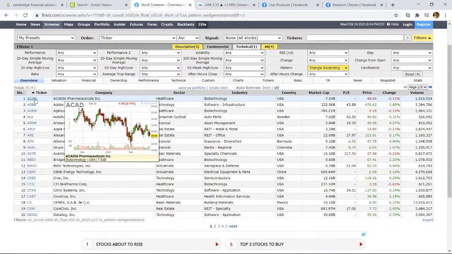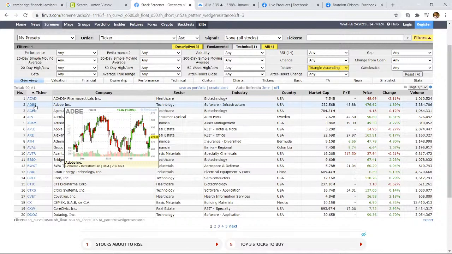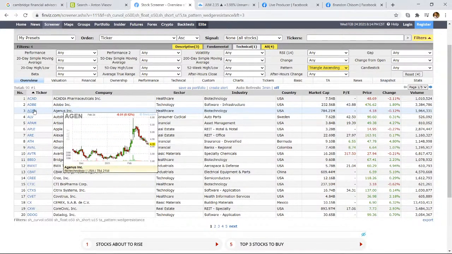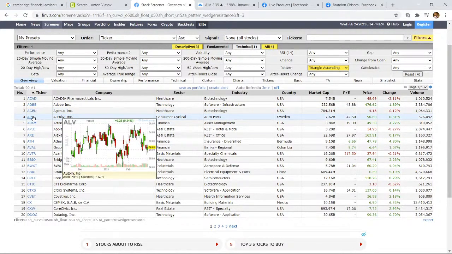If you run your cursor down each stock, it will show you stocks that meet that criteria.